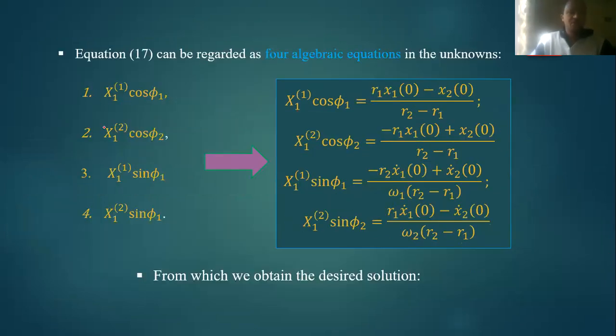In the 4 equations, we can see x1 of 1 cos phi 1, x1 of 2 cos phi 2, x1 of 1 sin phi 1, x1 of 2 sin phi 2. Those things give us this kind of equation.